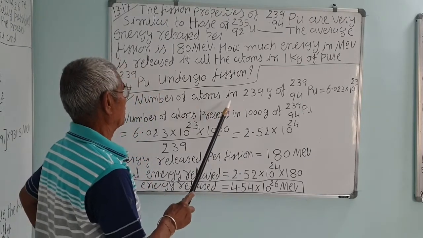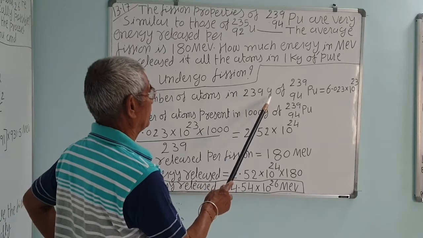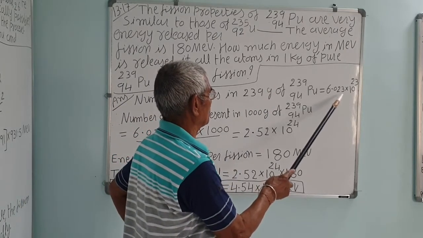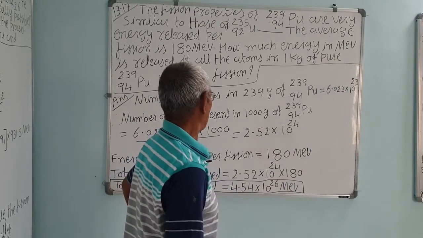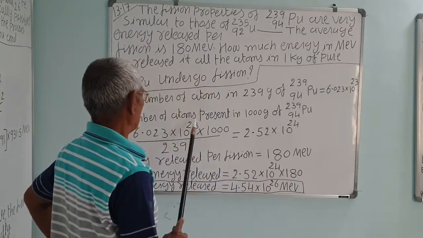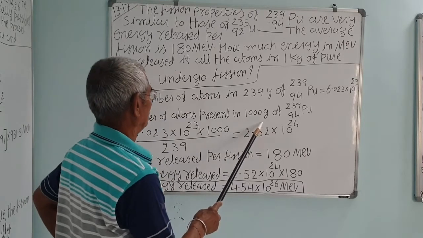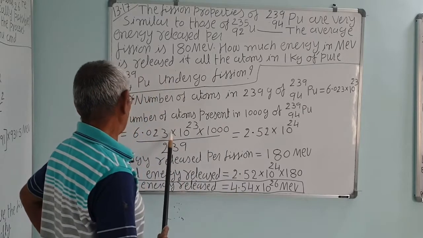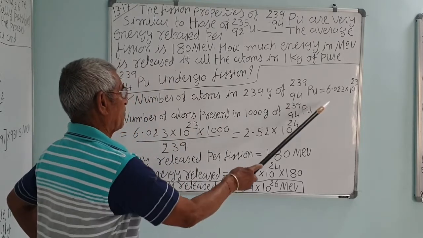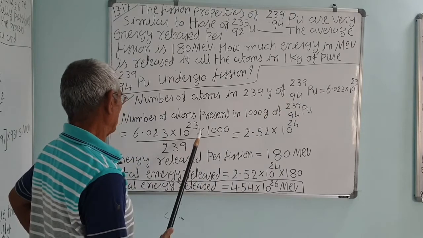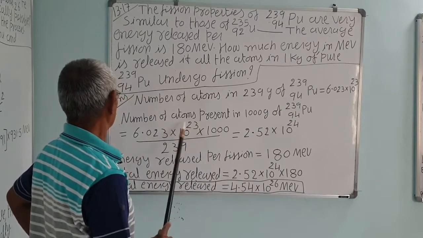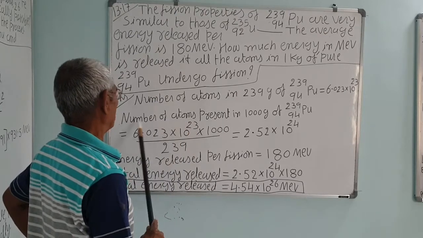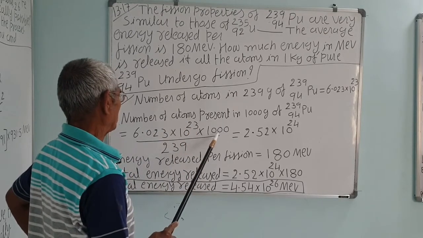The number of atoms in 239 gram will be equal to the Avogadro number. Here it is given, so you can take 6.023 into 10 raised to 23. Therefore, the number of atoms present in 1000 grams will be 6.023 into 10 raised to 23 divided by 239, which gives the atoms in 1 gram, multiplied by 1000.